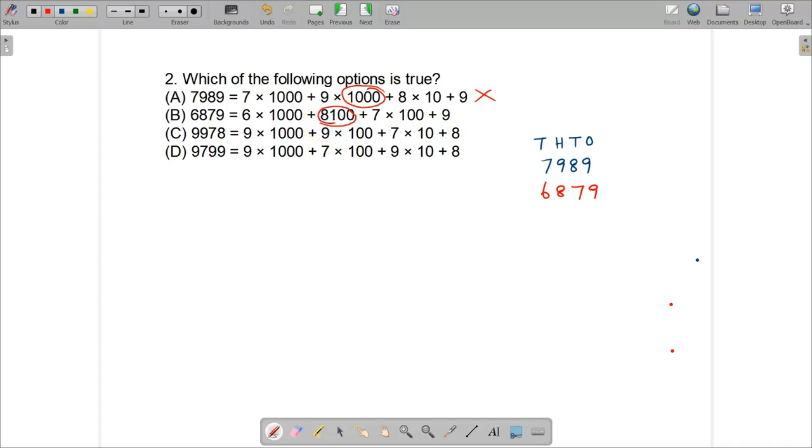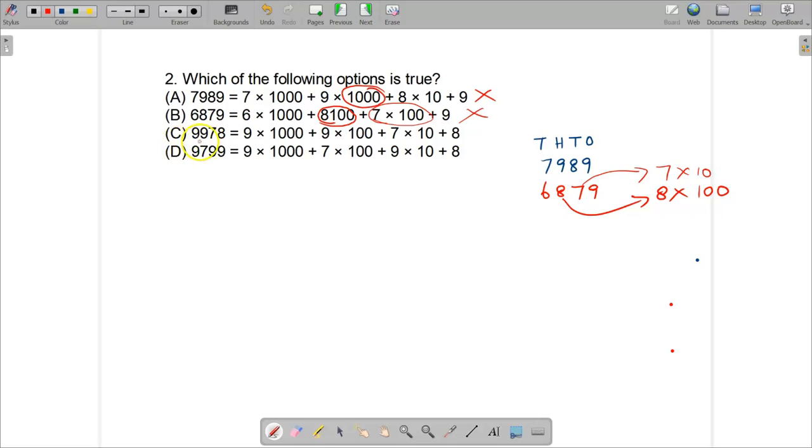But here they have given 8100. It should be 8 into 100. So it is wrong. Again we should have 7 into 10, but here they mentioned 7 into 100, so both are wrong. So this option is also wrong.